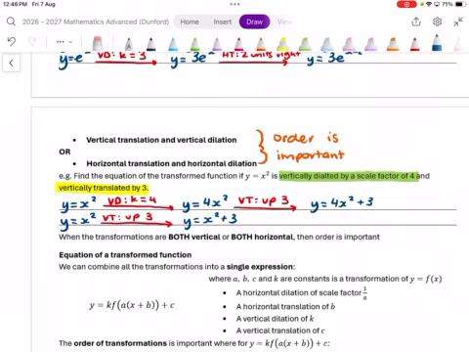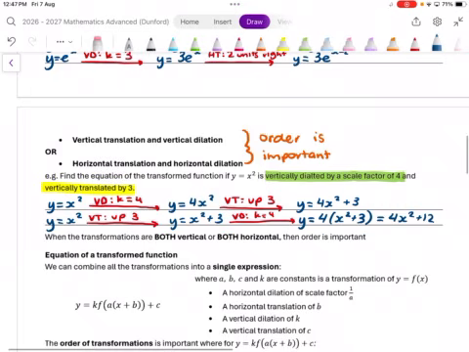So now if we do our vertical dilation, we have that k equals 4. This is our entire function, so we have to multiply 4 lots of x squared plus 3. Now, that is equal to 4x squared plus 12.